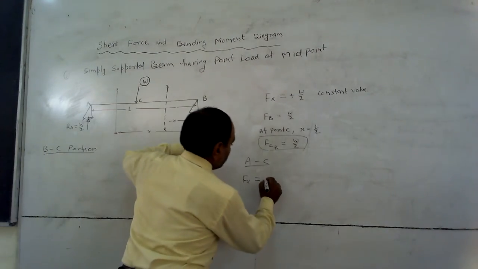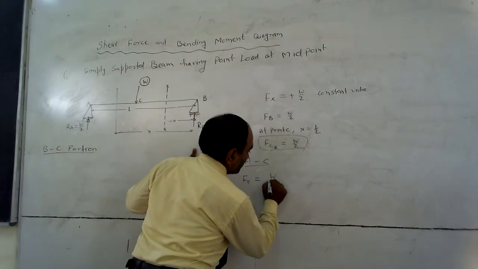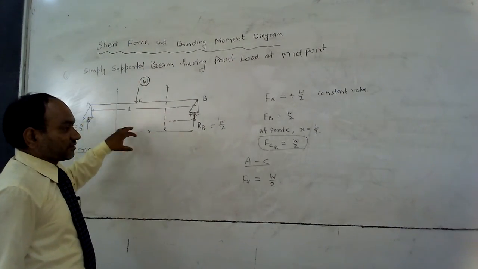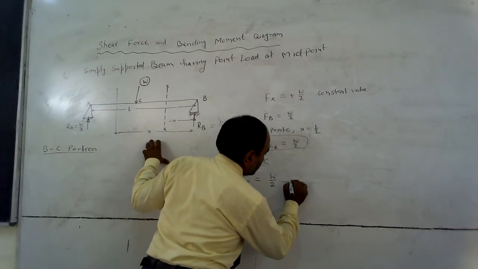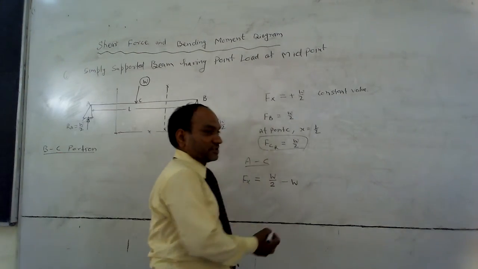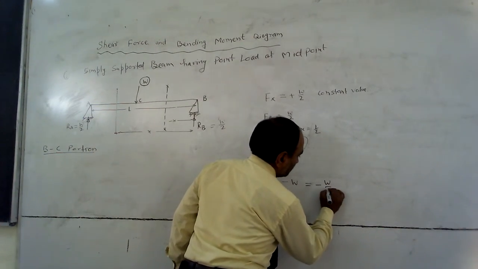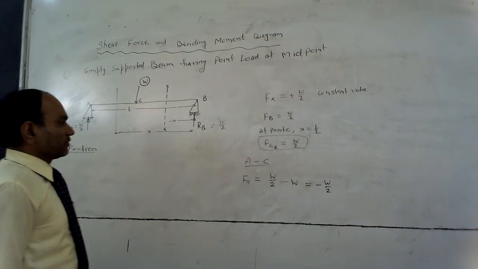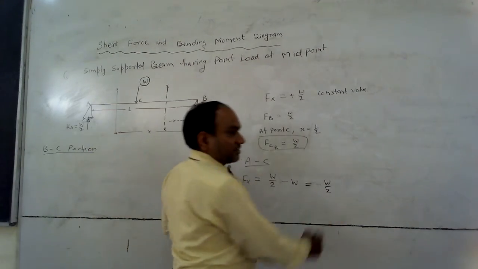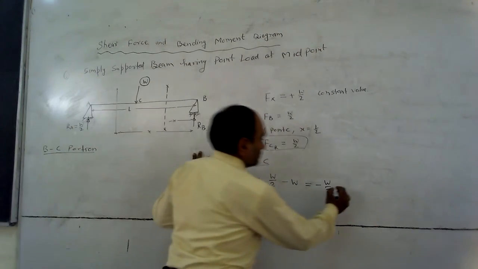It means Rb, acting upward, is taken positive, that is W by 2, and the next load is W, acting downward, so minus W, because downward forces give negative shear. So Fx equal to minus W by 2. This is a constant value. So between A and C, the variation of shear force is constant.